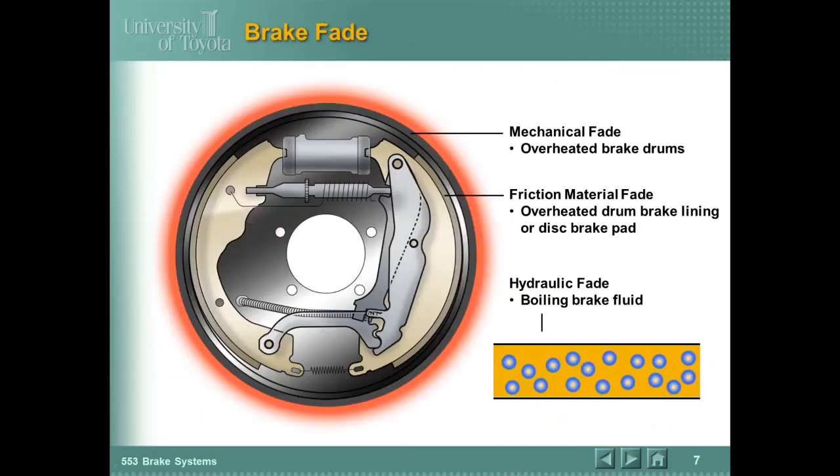All right, so we can have some problems, and brake fade is a major problem. Now, there are a couple types of brake fade: mechanical, friction, and hydraulic. Mechanical brake fade tends to only affect drum brakes, because as the drum becomes heated, the metal expands and the drum actually grows.